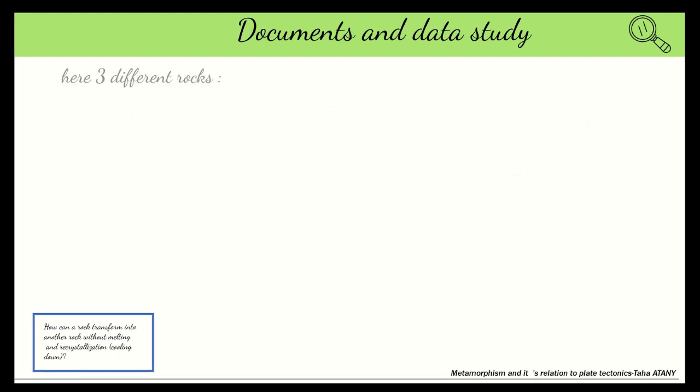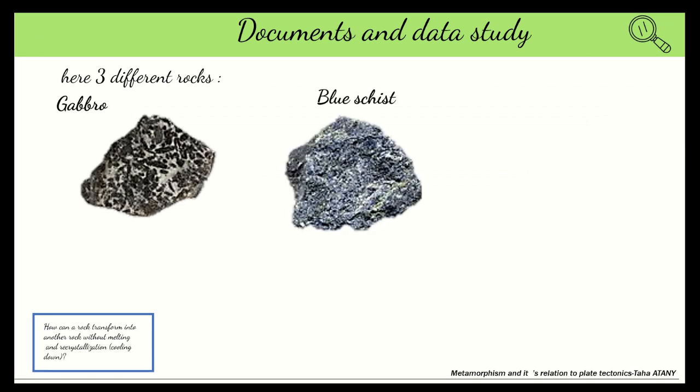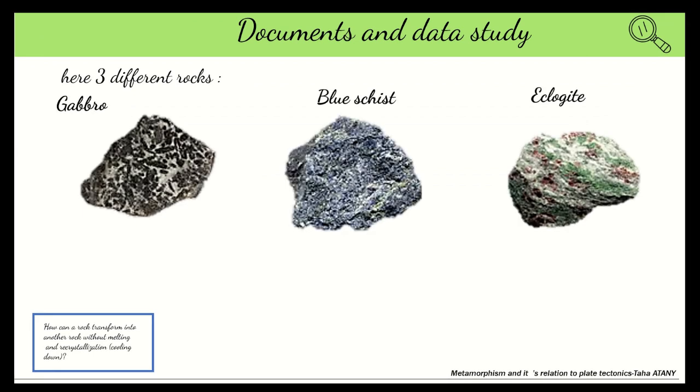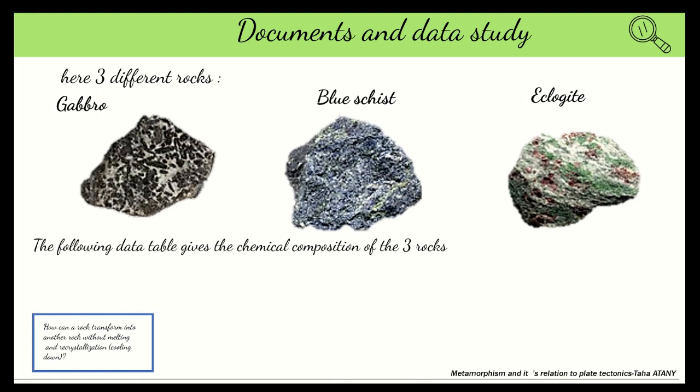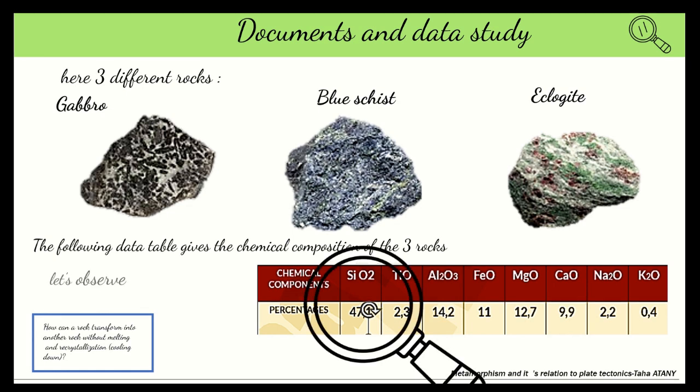Here we have three different rocks. We have gabbro, blue schist, and eclogite. The following data table gives the chemical composition of these three rocks. Here you have it. So let's observe.